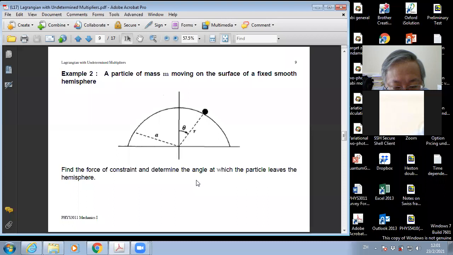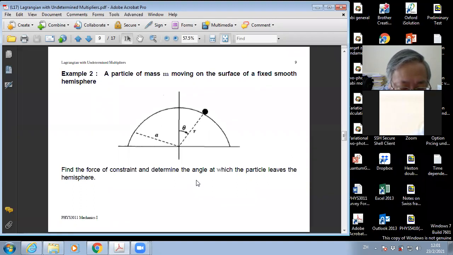We can set up the Lagrangian function in terms of the kinetic energy and potential energy, and then write down the constraint equation. Making use of the constraint equation, we can eliminate one variable, either theta or r, and then we have a lower number of degrees of freedom.